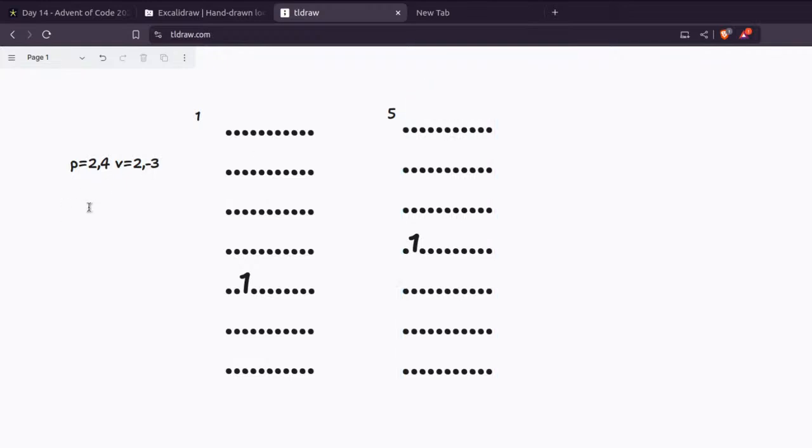Let's say it is initially at 2 comma 4, and then it is at 1 comma 3, right? So you can see that a transformation has happened, and we can figure out what that number will be. So it's like an equation, right?